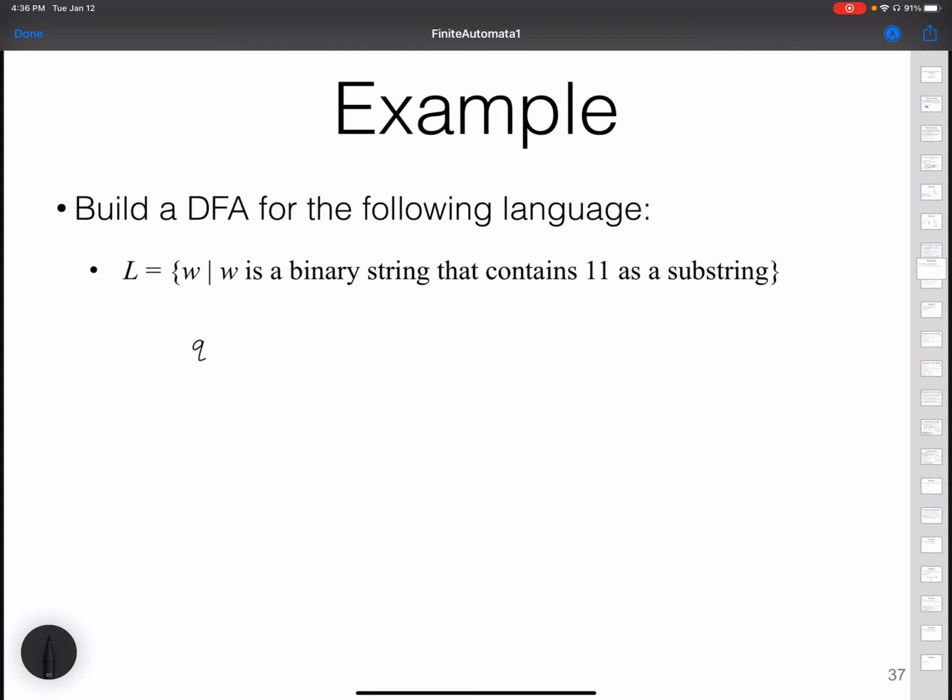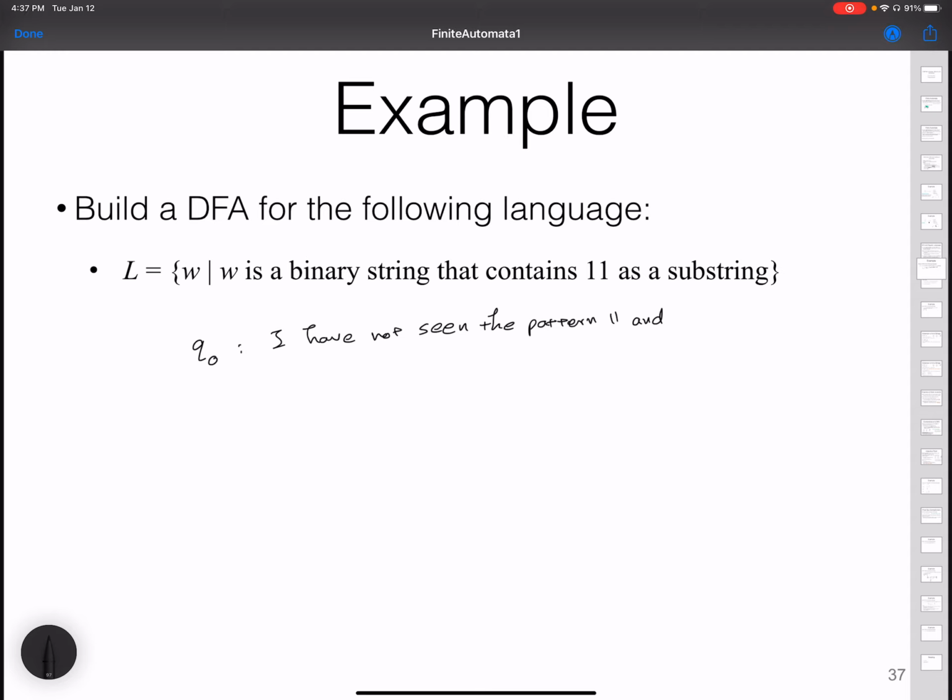So let's write a state for that, that represents that I haven't seen the pattern 1, 1, and the previous input symbol that I have seen was not a 1.